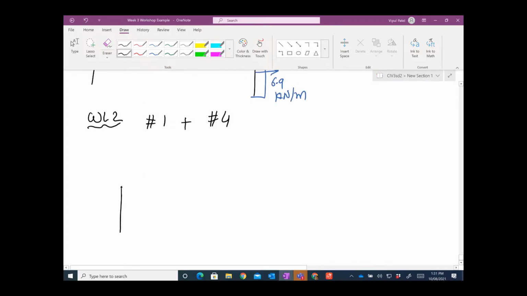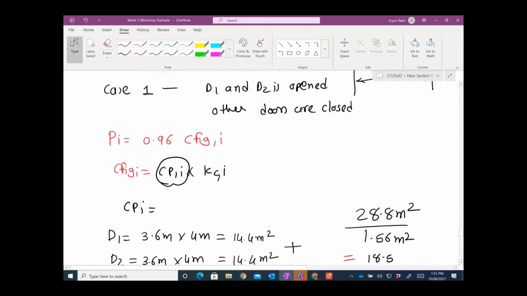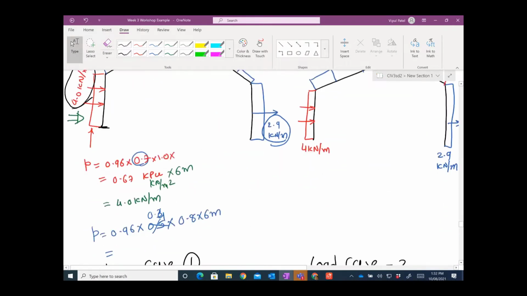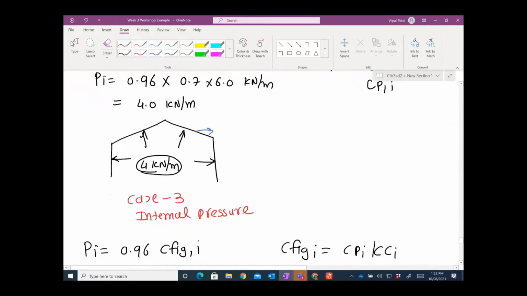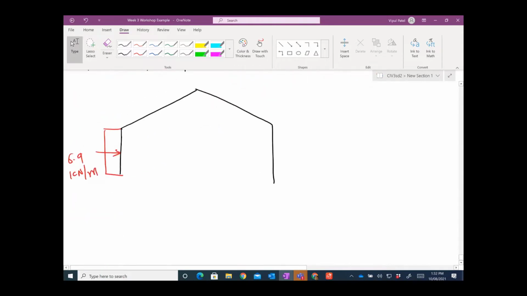So you have 6.9 kilonewton per meter. Then you have this 4.1 because this is case number 1, 4.1, and you have 2.9. So 4.1 take away 2.9, because 4.1 is going this way and 2.9 is inside coming here.